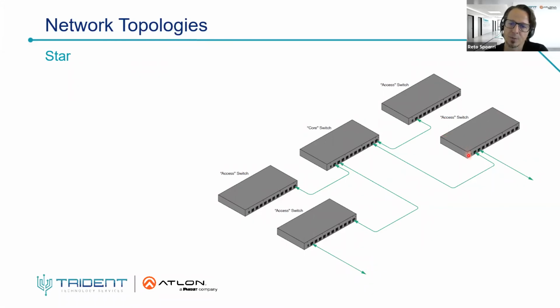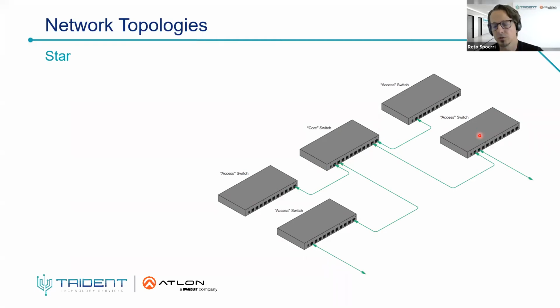Of course, it has PoE because it's connecting to endpoints. The core switch doesn't need PoE because all those switches connecting to it have their own power supply. So no endpoint should go to a core switch, but they go to access switches, and they can be AVoIP encoders, decoders, security cameras, or wireless access points.